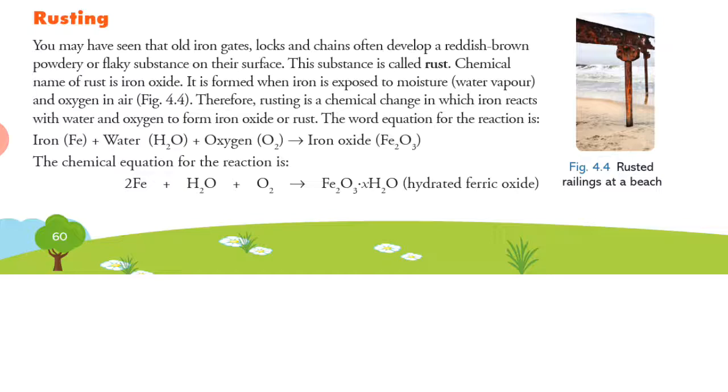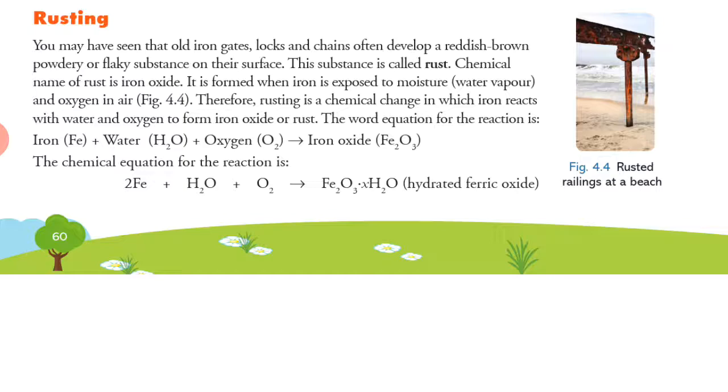Okay, so let's start. You may have seen that old iron gates, locks, and chains often develop a reddish brown, powdery, or flaky substance on their surface. This is called rust.